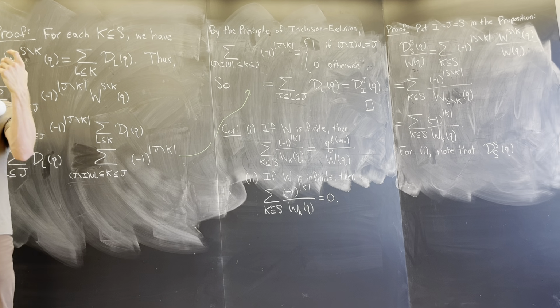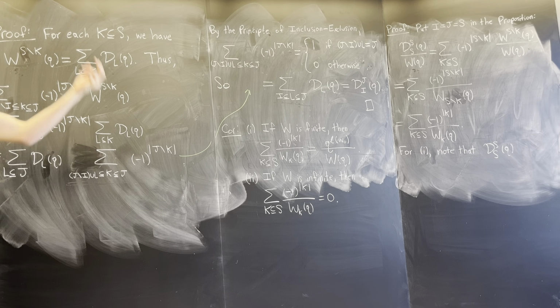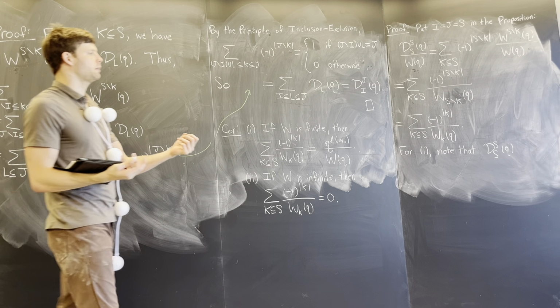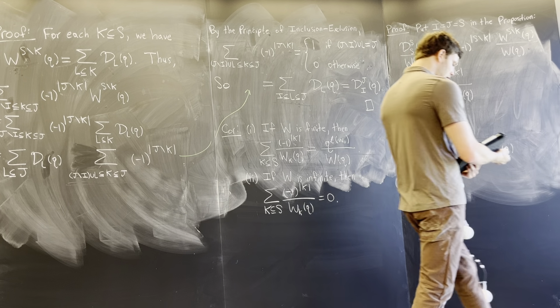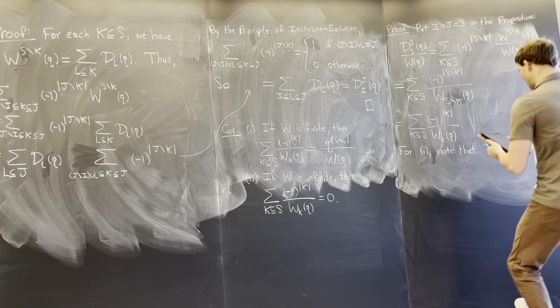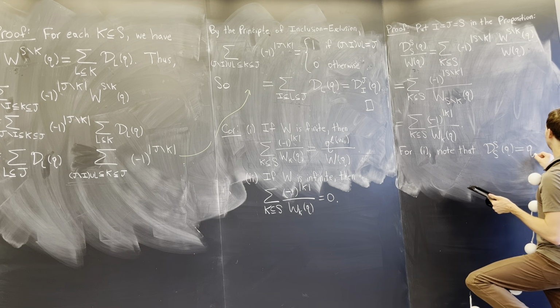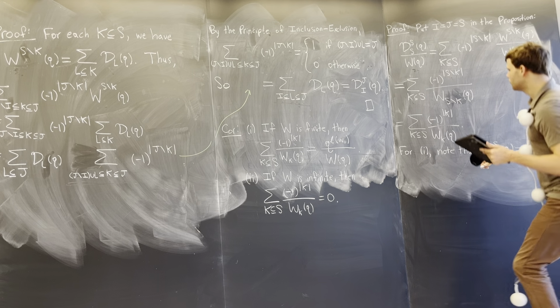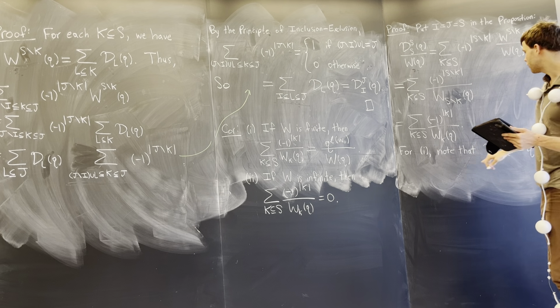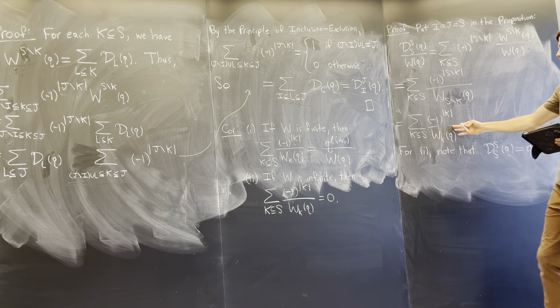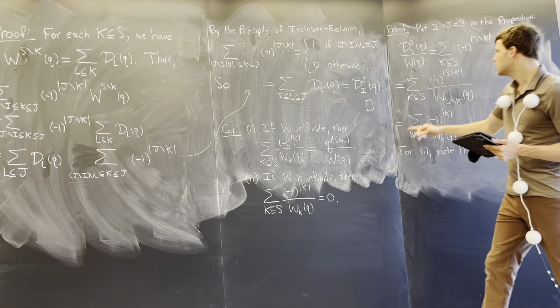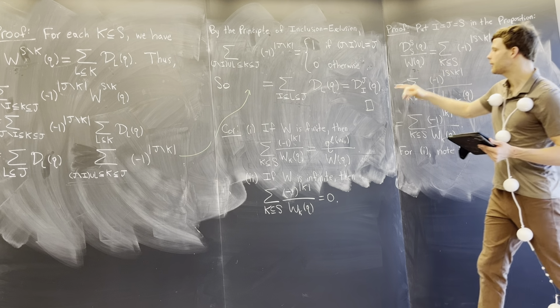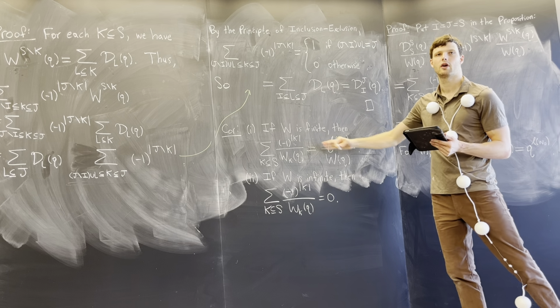Well, there's only one element whose right descent set is the entire set of simple reflections, and that's the long element. So in this case, this is just going to give me q to the power of the length of the long element. So if I plug this in, then I get that this, which is what I want, is q to the length of the long element divided by W of q. So that proves part 1.